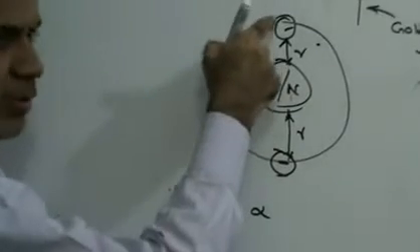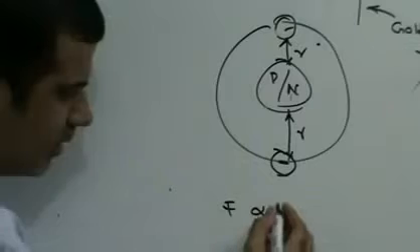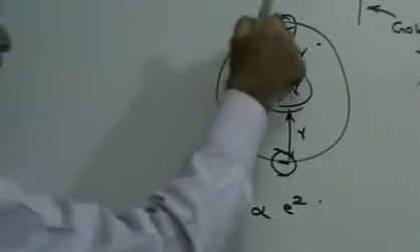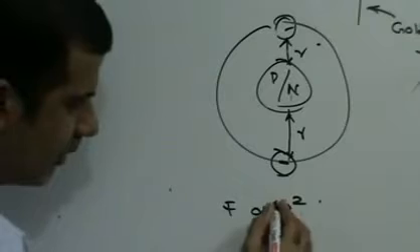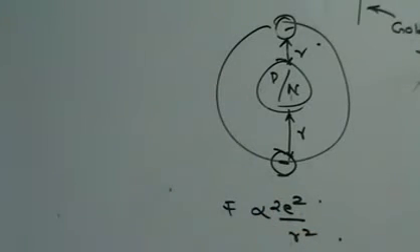If I assume the charge on electron to be e, that means the charge on proton will also be e. That means it will be directly proportional to e square, charge on proton times charge on electron. There are 2 electrons here, so it will be 2e square and inversely proportional to the square of the distance. This is going to be the force of attraction between the nucleus and the electrons, right?